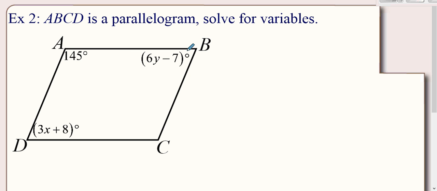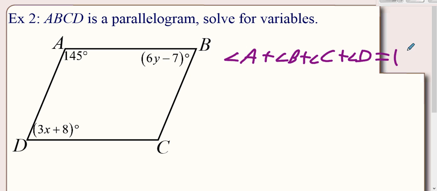We know that all 4 angles add to 360. We also know that opposite angles are congruent. So that means we know that since this is 145, this is 145.